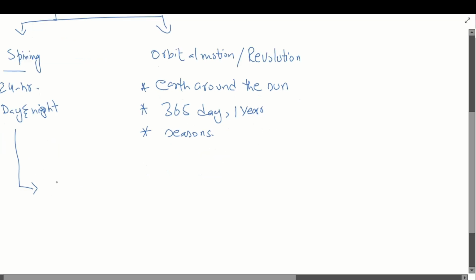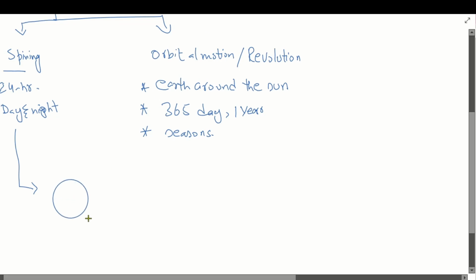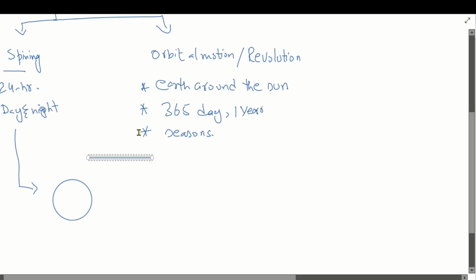Every object that spins or rotates about its own axis, we usually take the axis at the middle of the object. So an axis, or a perpendicular passing through the object, is referred to as the axis of rotation. If the object is spinning in the anti-clockwise way, this perpendicular will be the axis of rotation.